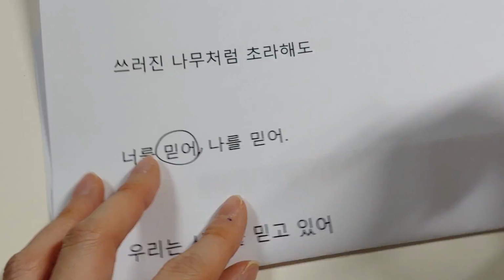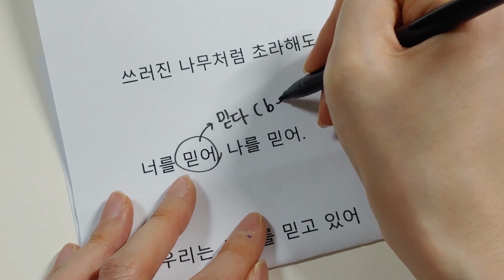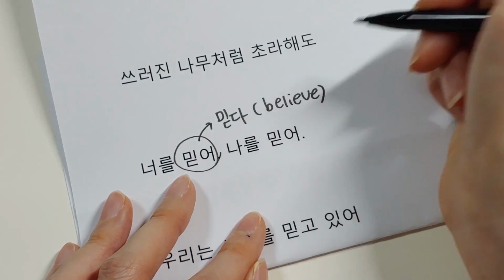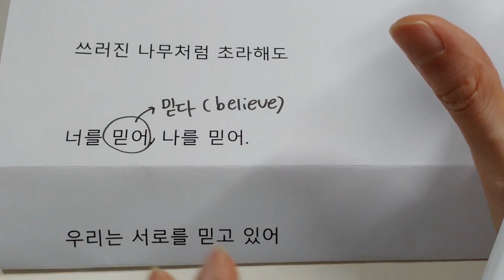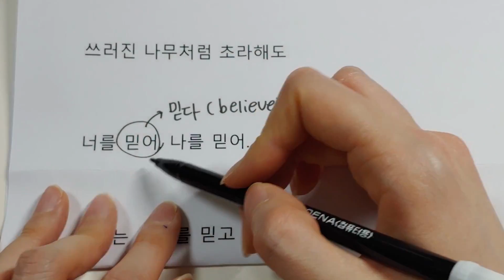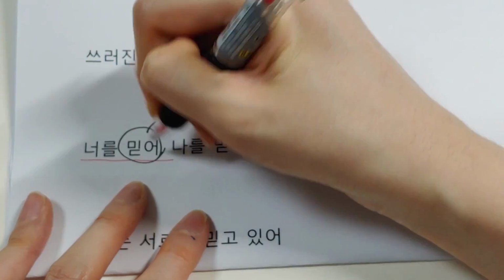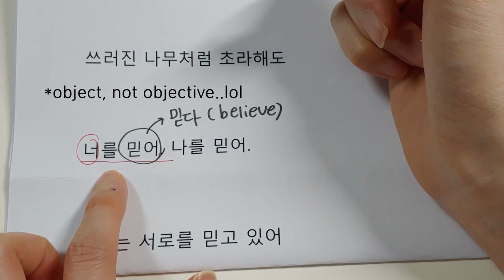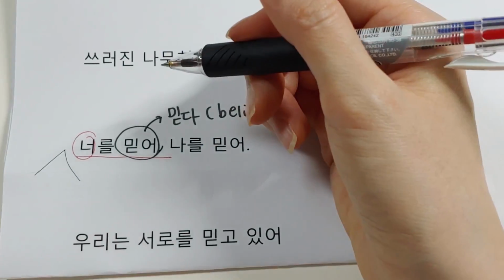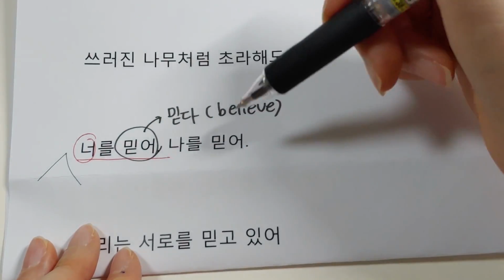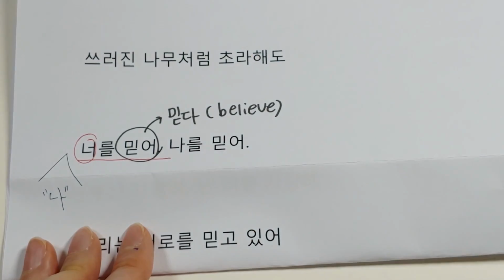And this comes from 믿다, which means believe. It can also mean believe in or trust. So any kinds of trust or belief sort of meaning, it contains all of them. And in this sentence as well, 너 is an object. So here the subject is also removed because it's obvious in this context that it's I who believe in you.